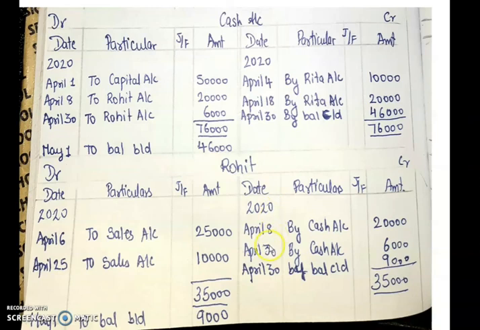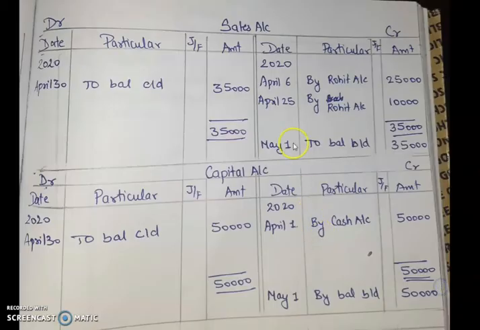Same is the case with the other accounts, that is Rohit account, sales account and capital account, you have to do. So look at the journal entry, and as per that you have to pass the entry for debit and credit. Then see that your debit side is equal to credit side.